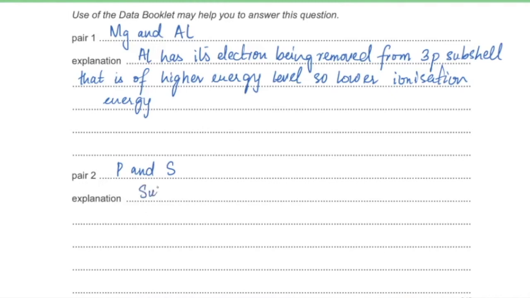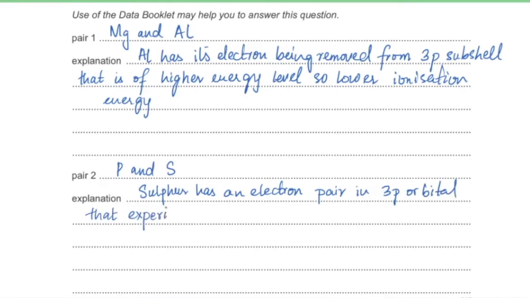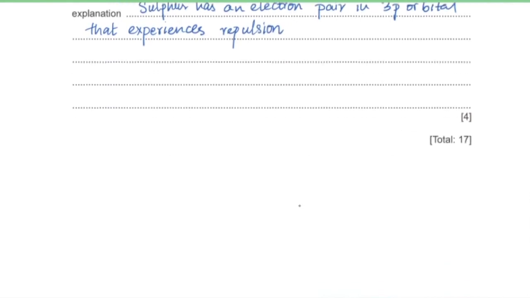So sulfur has an electron pair in 3p orbital that experiences repulsion. And that is why its ionization energy is much lower than that of phosphorus, which has a half-filled 3p orbital.